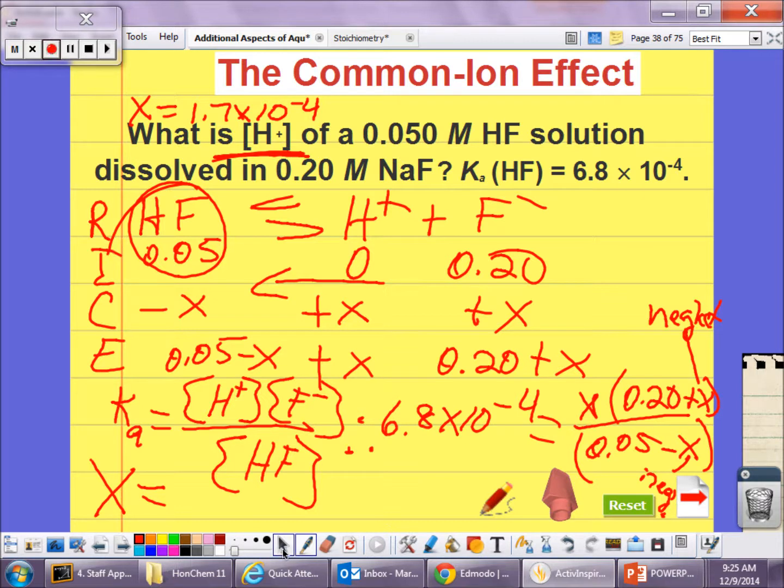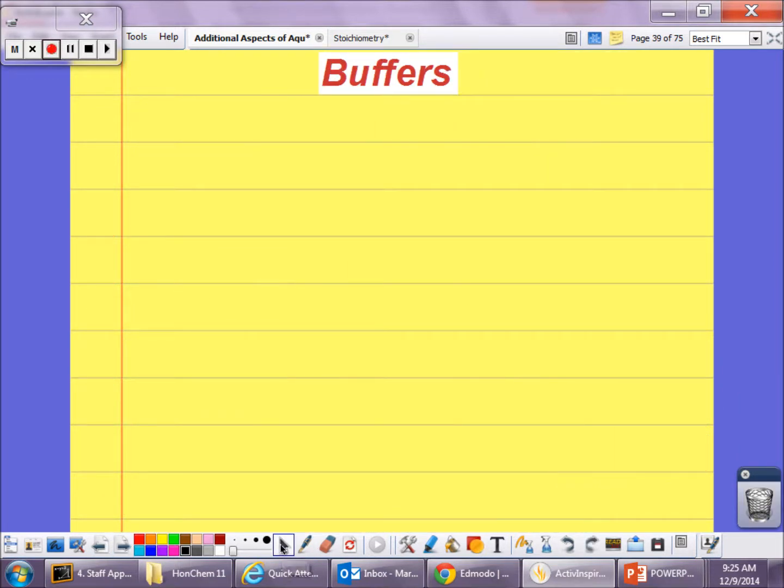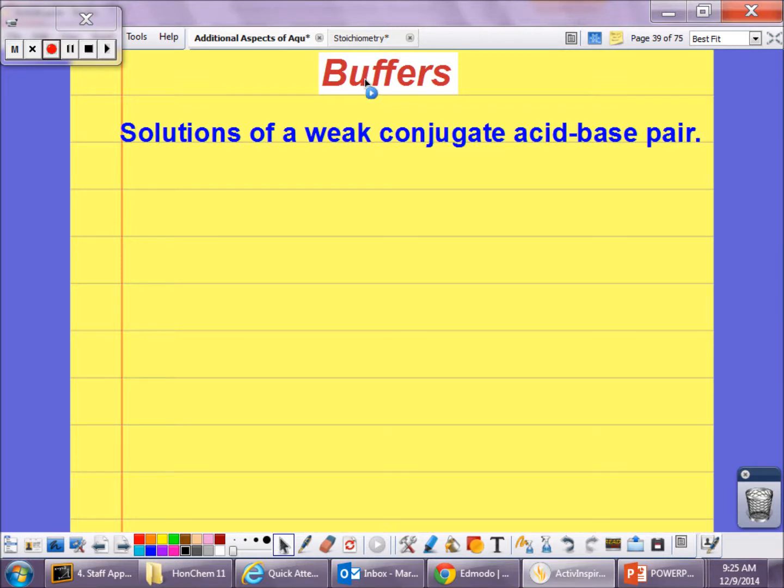All right. I'm going to come back to this and show you something. I just thought of this, but I will come back to that. Now, this is your favorite part, buffer. From last year we said buffers are solutions of a weak acid or a weak base with its conjugate.